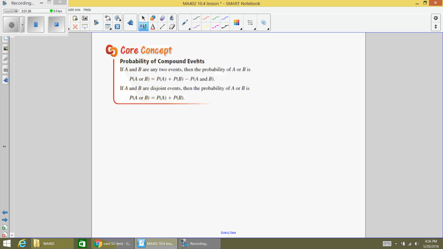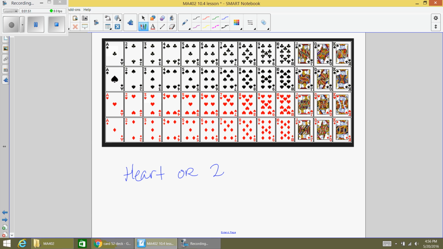Here's our overlapping events. And what's important is that you find the probability of the first event happening. You find the probability of the second event happening, and you subtract the probability of both of the events happening at the same time. So let's go back here to our hearts. The probability of getting a heart here is 13 out of 52. The probability of getting a 2 is 4 out of 52.